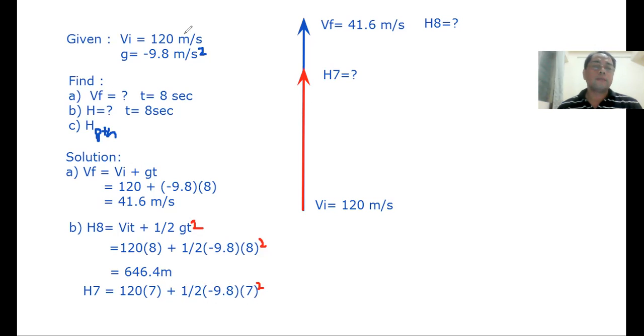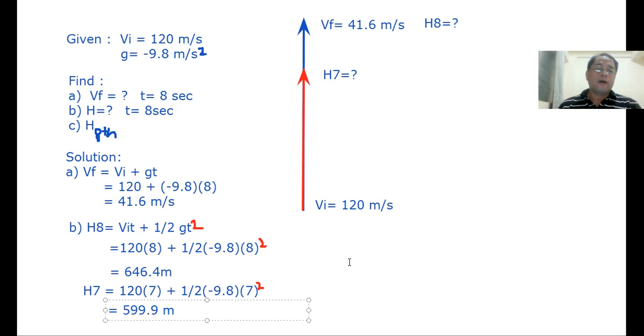Our answer for 7 seconds is that the object will travel as high as 599.9 meters. So it will not really go very high, because that's for 7 seconds, but the speed here is much greater compared to h8. At h8 there's less velocity, because as it goes higher, it slows down.